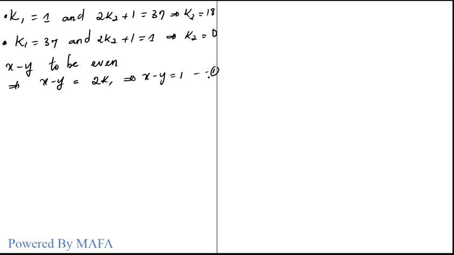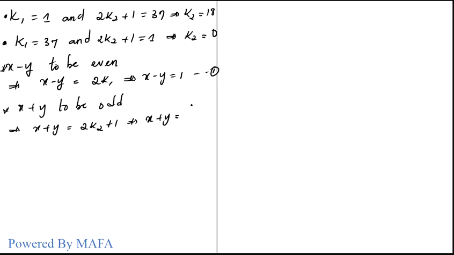We can call this the first equation. Now secondly we had x plus y to be odd, which means that x plus y can be written as 2k2 plus 1. So it means x plus y is equal to 37 for sure, equation 2.